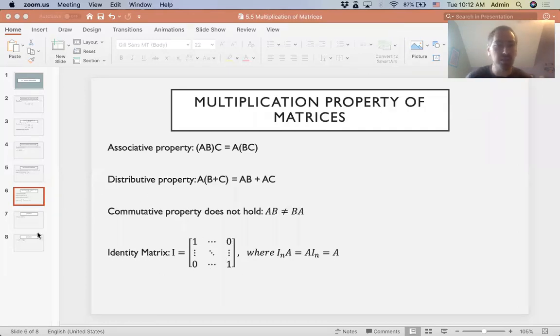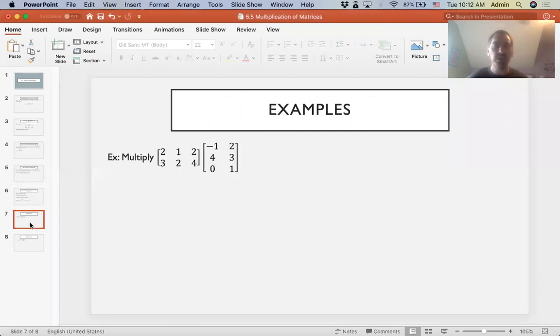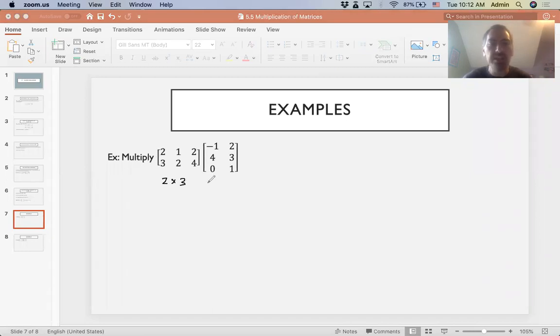All right, let's take a look at some additional examples just to give you some extra practice with multiplying these matrices. First identifying if you can multiply them, and then actually doing so. In this example, we have a 2 by 3 matrix, 2 rows, 3 columns, and it's being multiplied by a matrix of 3 rows and 2 columns.